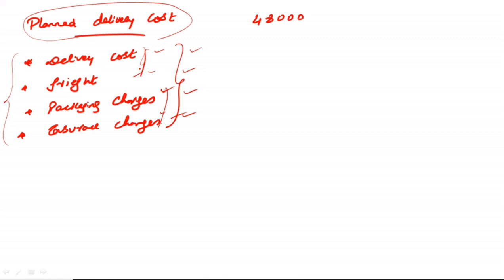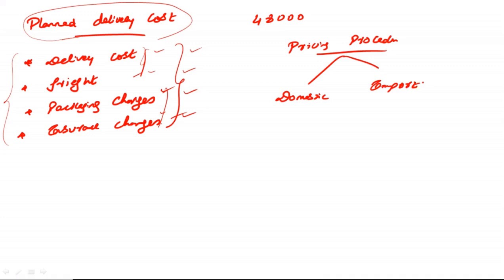Now let me differentiate what are the different types of purchase we have in SAP. In pricing procedure, we have two types: one is domestic and one is import. Why do we have these two types of pricing procedure?